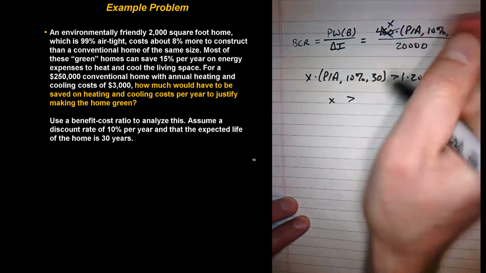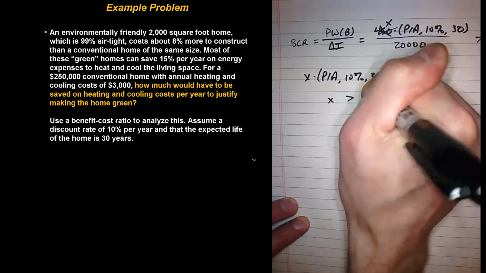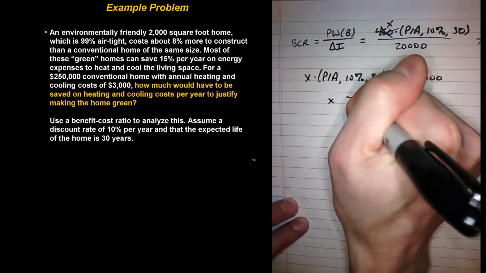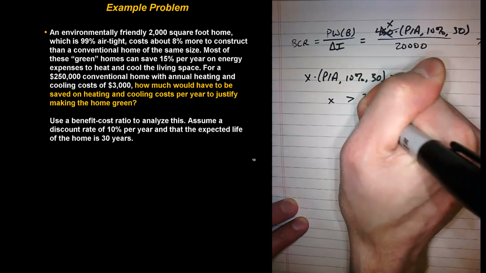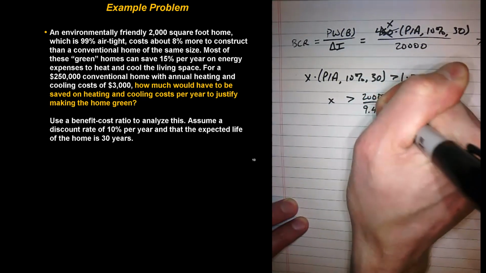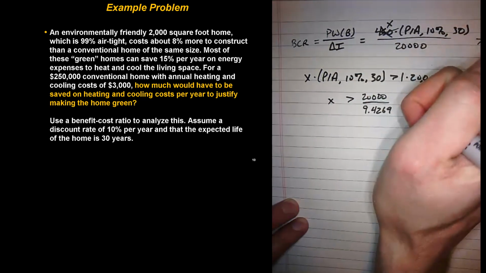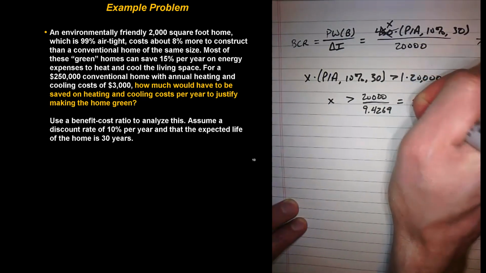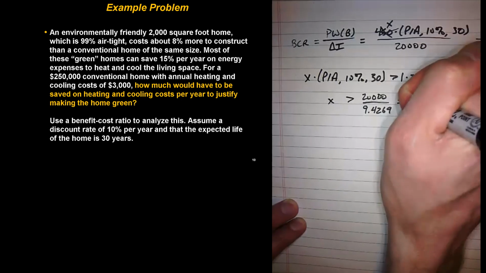Therefore, x needs to be greater than 20,000 divided by that P given A factor, which from the lookup tables we found was 9.4269. And that comes out to $2,122.